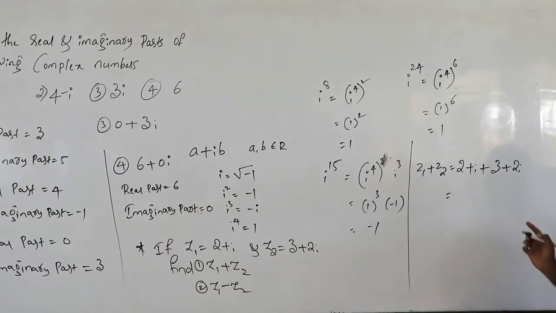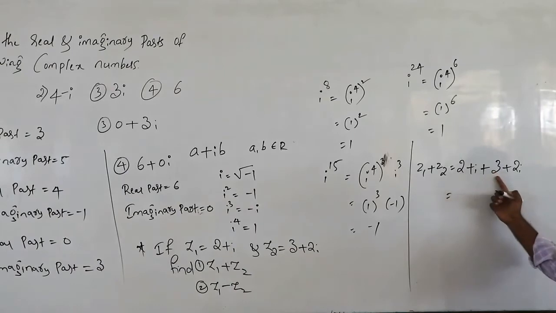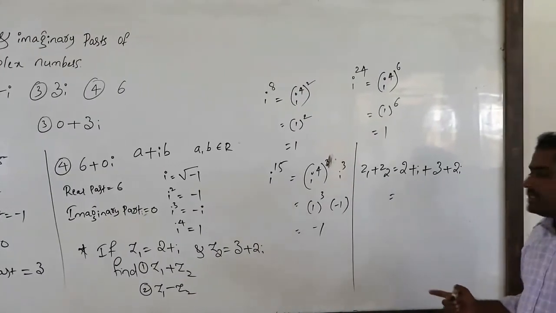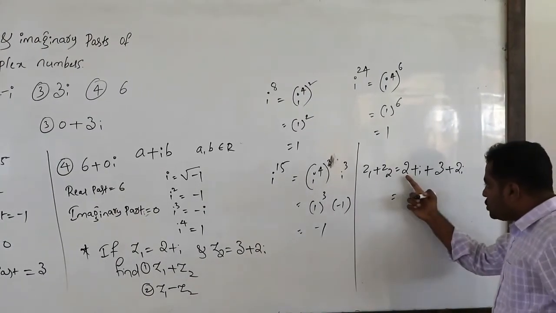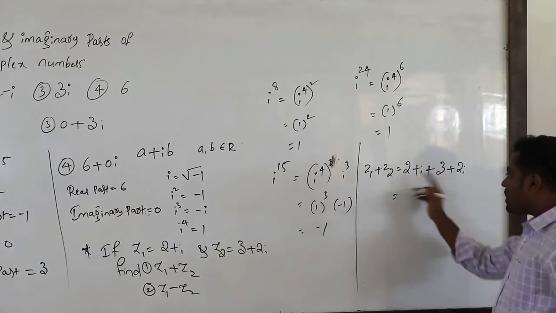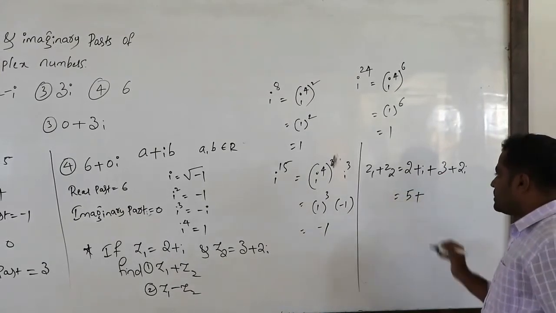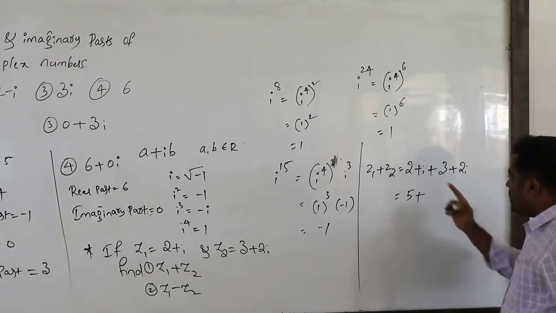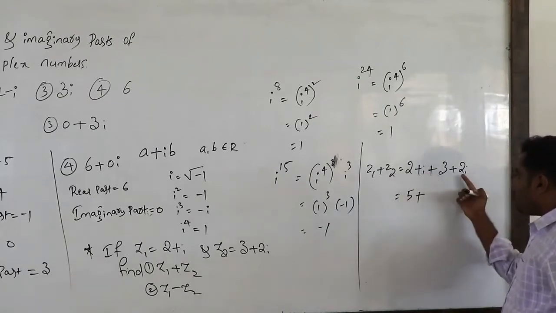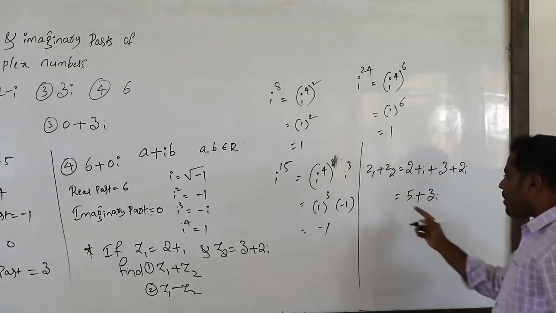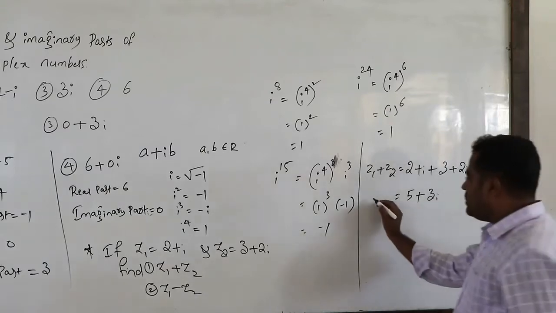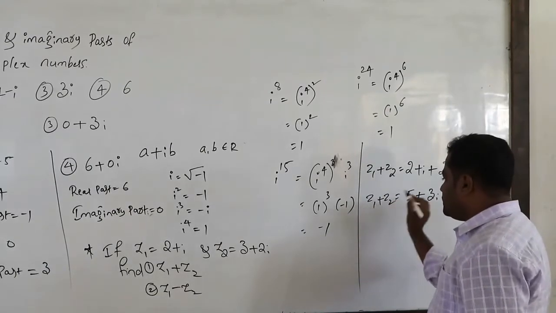Here we have to add the real parts and the imaginary parts. Real part is 2, here real part is 3, 3 plus 2 is 5. Next, addition of imaginary parts: here 1 time, here 2 times, nothing but 3 times i, again in the form of a plus ib. That is z1 plus z2.